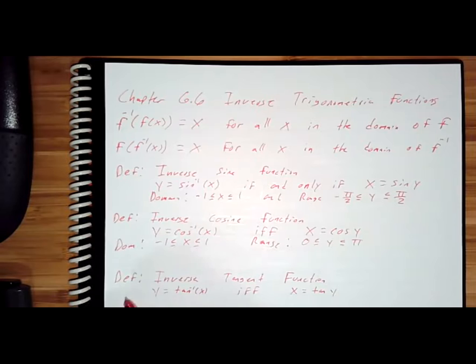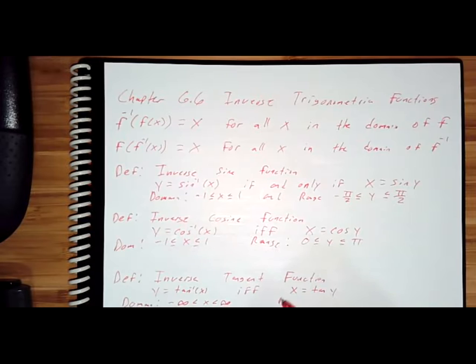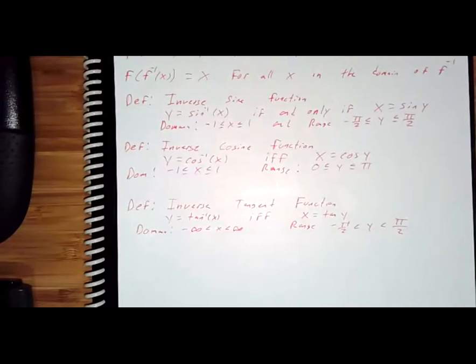This domain will be all real numbers. And the range will be negative pi over 2 to pi over 2, but we don't actually include pi over 2 for tangent.